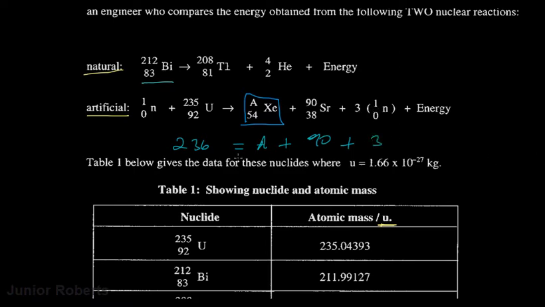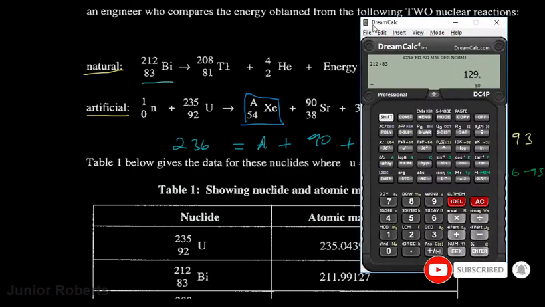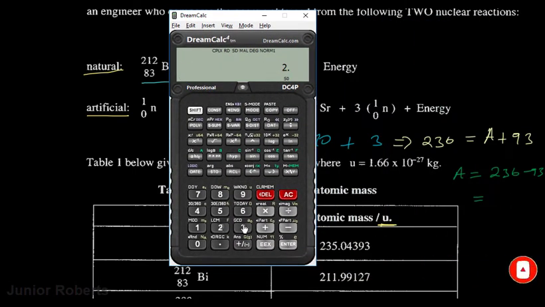So we get 236 is equal to A plus 90 plus 3, which is 93. We can make A the subject, and we get that A is equal to 236 minus 93, and on our calculator we get 143.